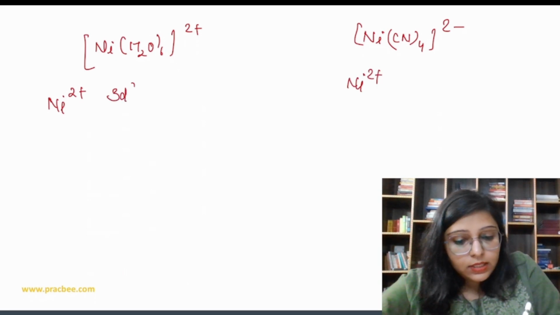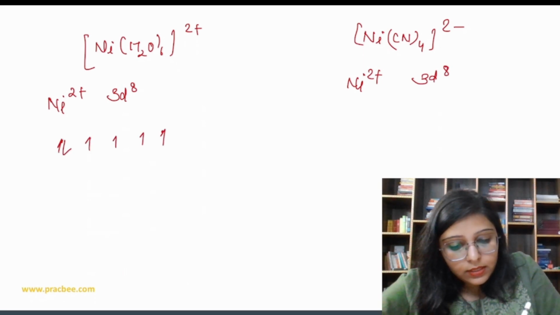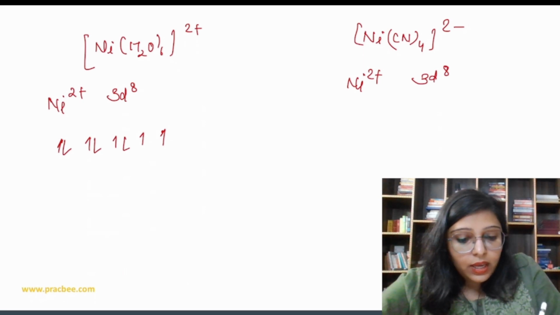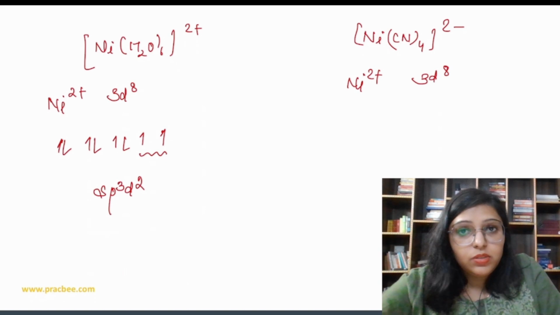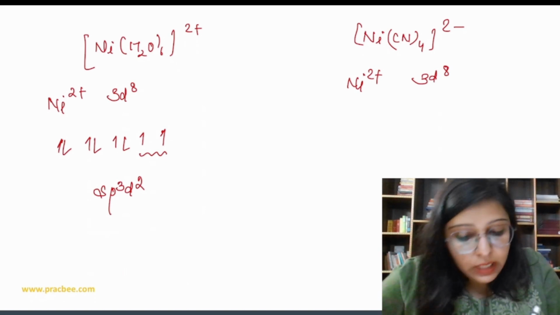Nickel 2 plus is 3d8. Here we write 1, 2, 3, 4, 5, 6, 7, 8. So here we have two unpaired electrons and hybridization is going to be sp3d2. Why sp3d2? H2O is not a strong field ligand.